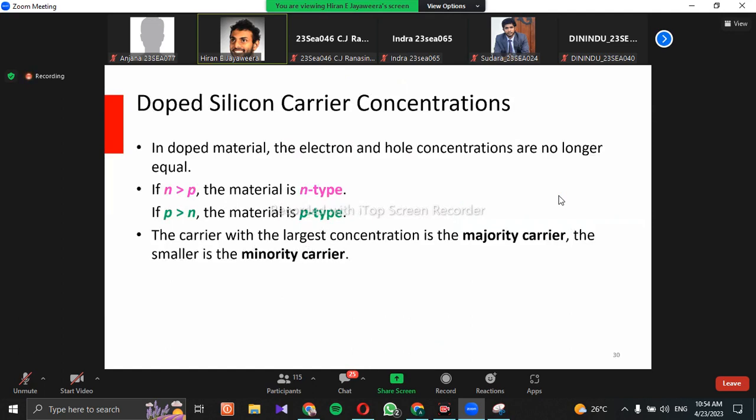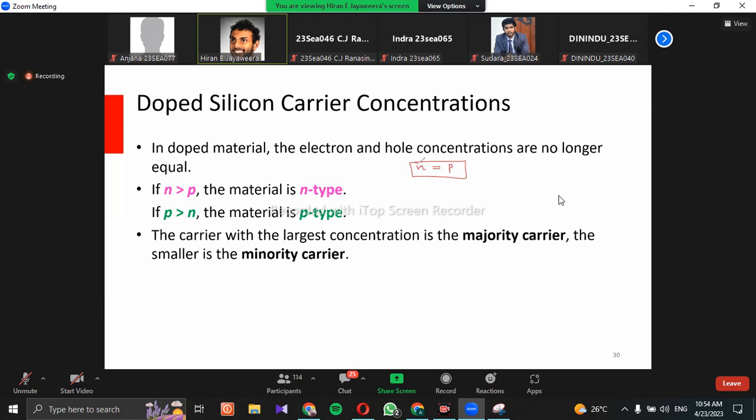Now, concluding what we discussed today, if you have pure material like silicon, we call it intrinsic material. In that case, the number of free electrons is exactly equal to the number of free holes, right? Here n and p represent free electrons and free holes.